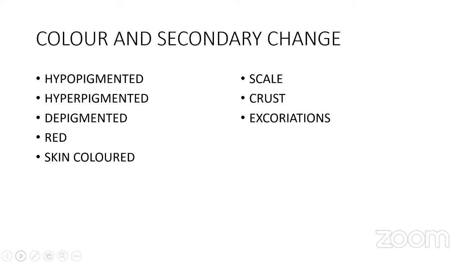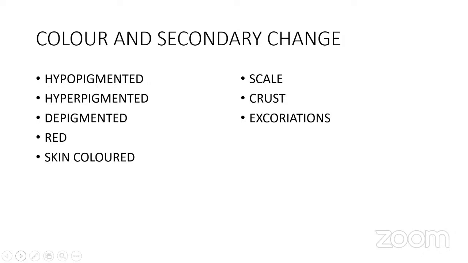Scaling is exfoliation of the skin. You can see this in psoriasis, classical silvery white scales, or in pityriasis rosea, you can see colored scales. Even tinea presents with mild scaling. Crusting is the dried exudate.